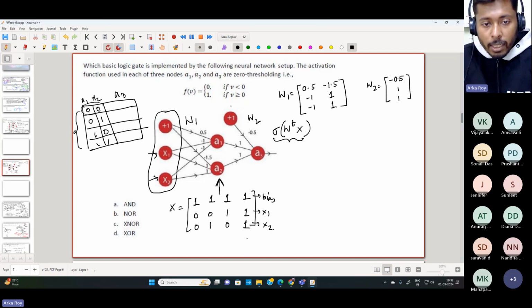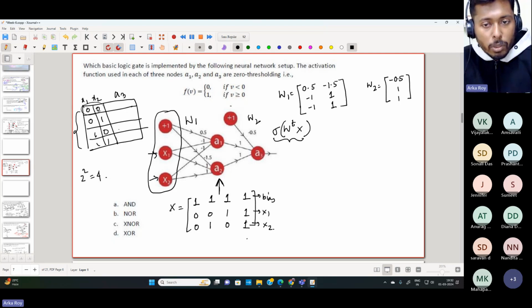For a 2-input case, how many combinations can you write? 2 to the power n, that is 4 cases: 0 0, 0 1, 1 0, 1 1. For all these cases you need to check the output, and only then can you say which logic gate operation has been performed.